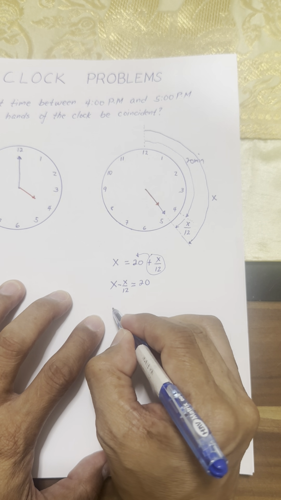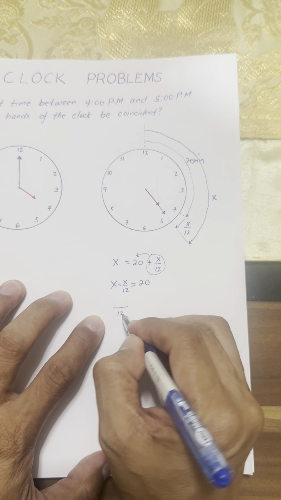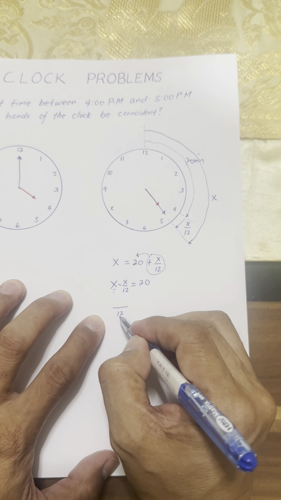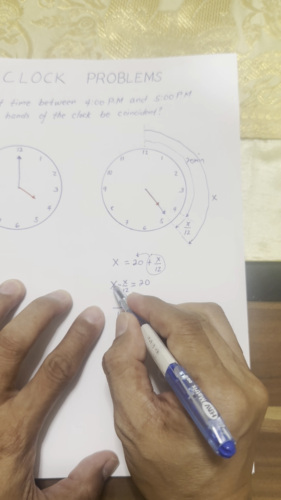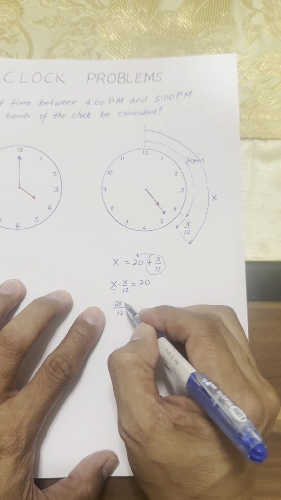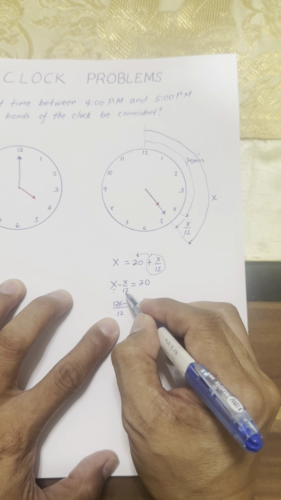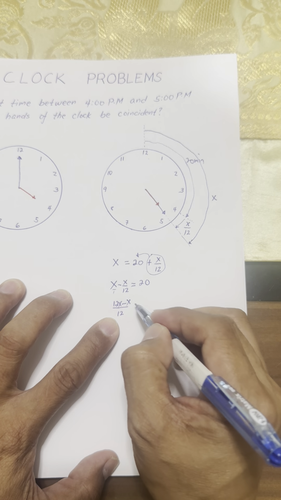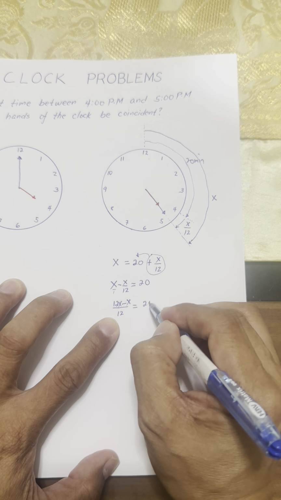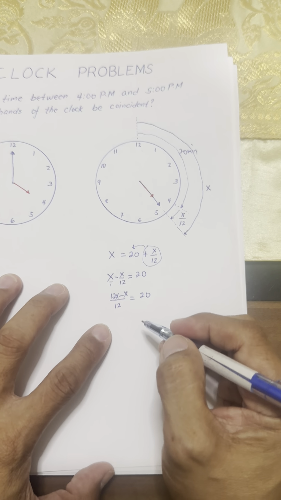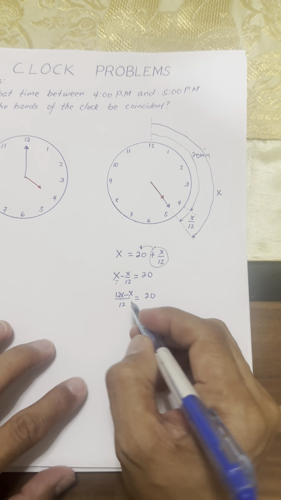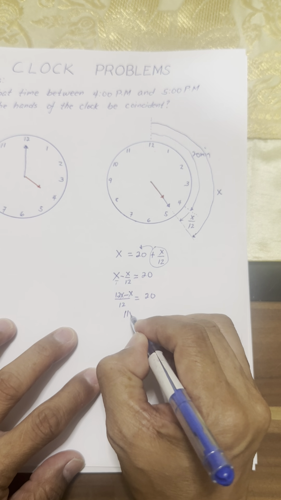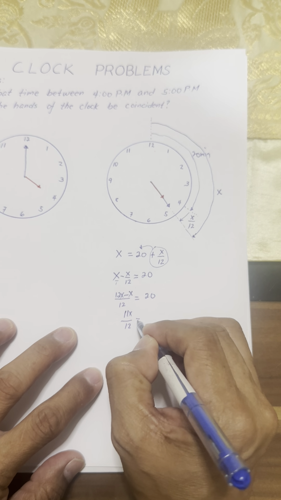Finding the LCD on the left side, which is 12, with x understood over 1: 12 times x is 12x, minus x over 12, equal to 20. Subtracting, 12x minus x is 11x over 12 equal to 20.